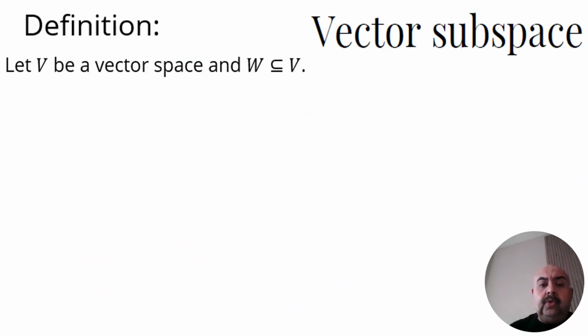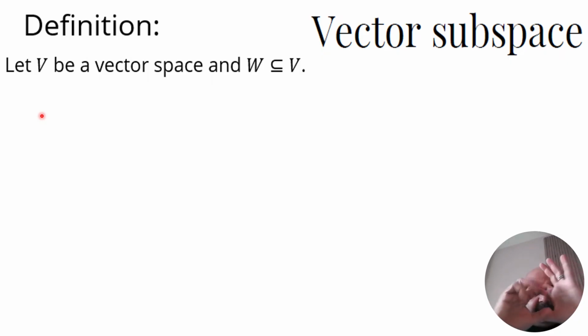Now I will go to the vector subspaces. A vector subspace is a part of a vector space. So we already have now an imagination of what we mean by a vector space. I usually think of a vector space as a big circle with this dimension.